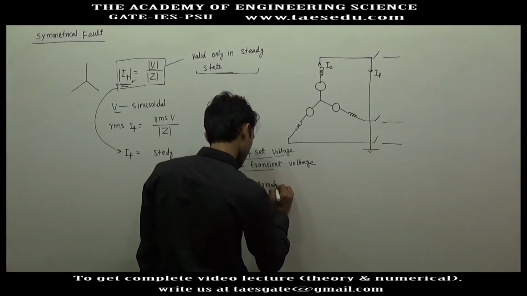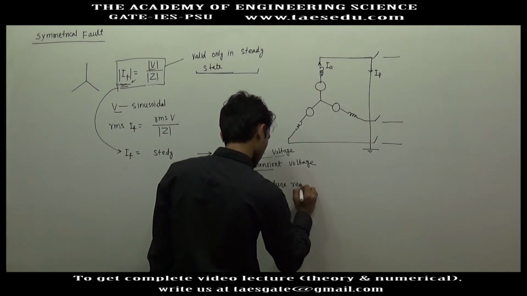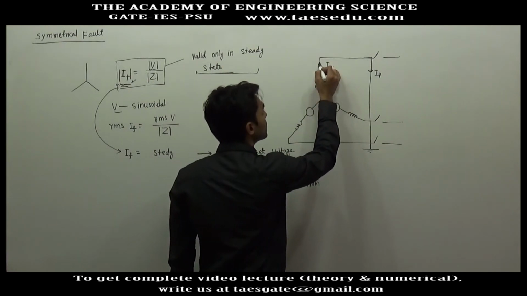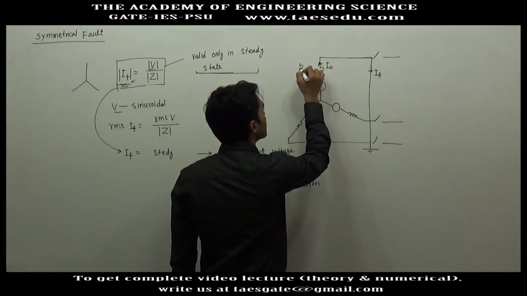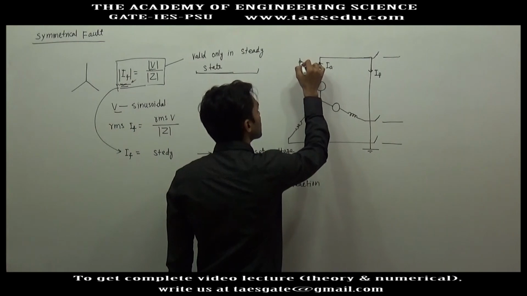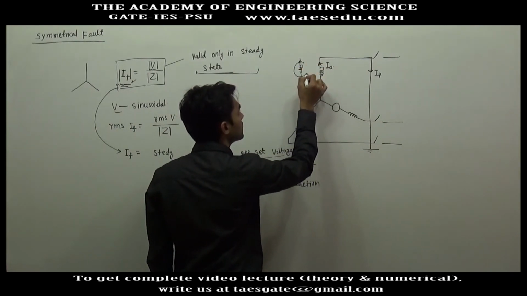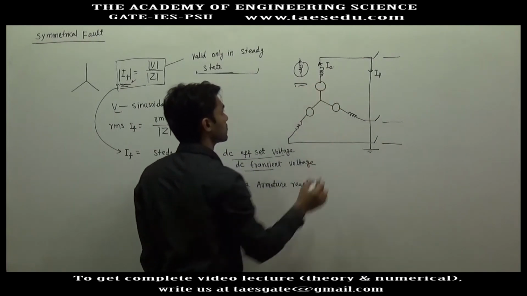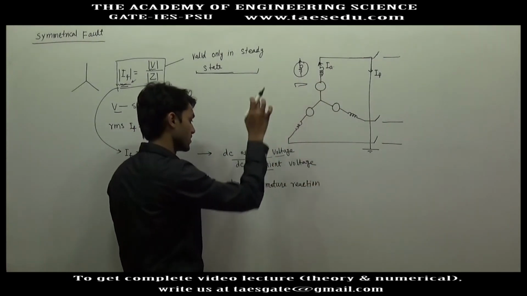Large armature reaction. When the fault is initiated, a large armature current will tend to flow through the armature winding. And due to the large armature current in the winding, there will be flux which will interact with the rotor flux of the synchronous machine. So there will be large armature reaction.